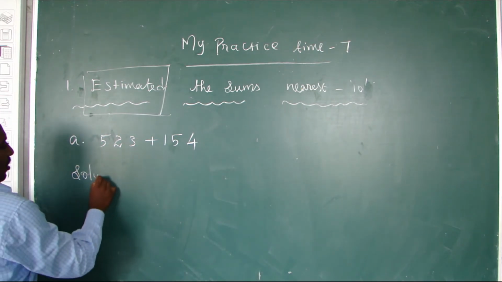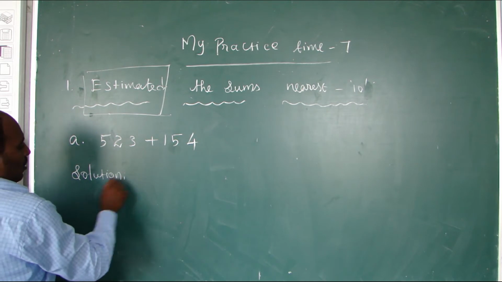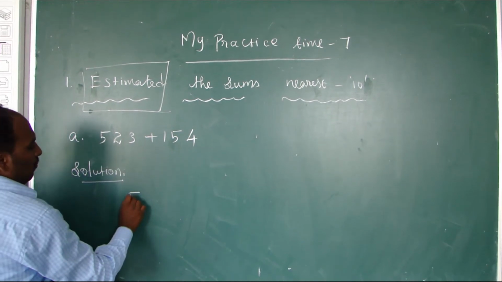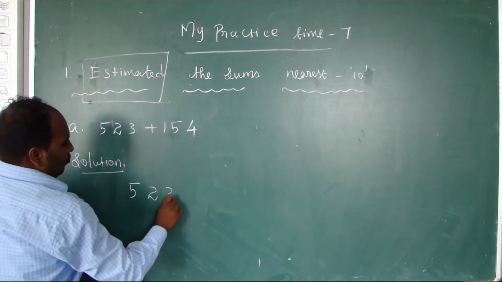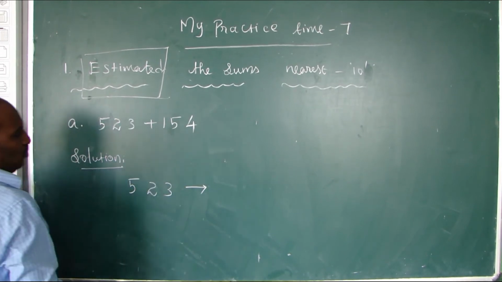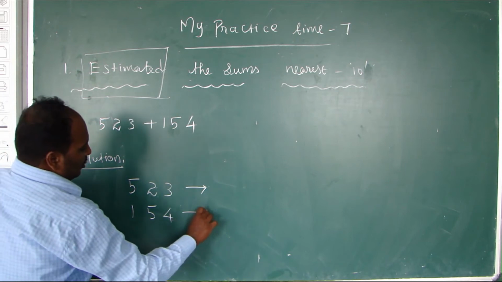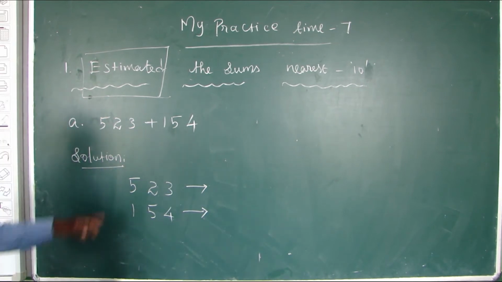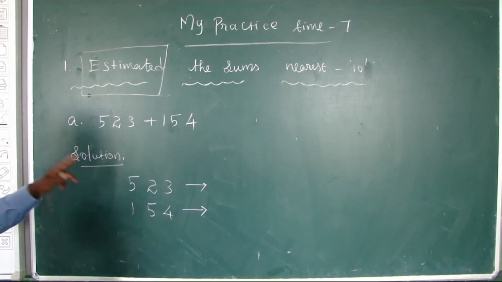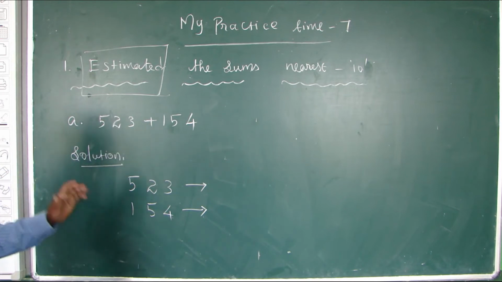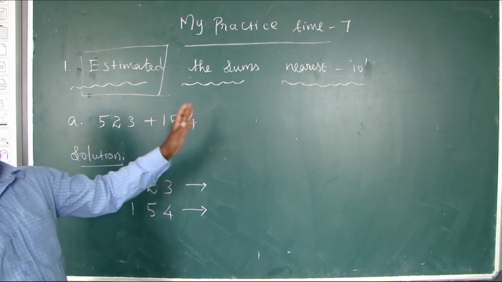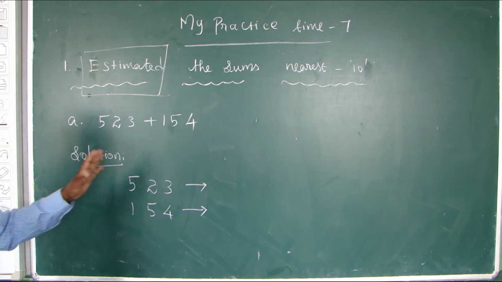Solution. For 523, you want the rounded value, and then for 154 here also you want the rounded value and then estimate. Estimated means plus. Estimate the sum to the nearest 10.